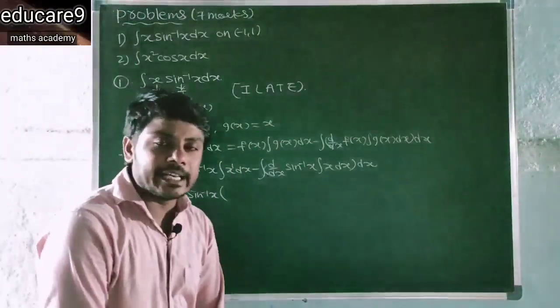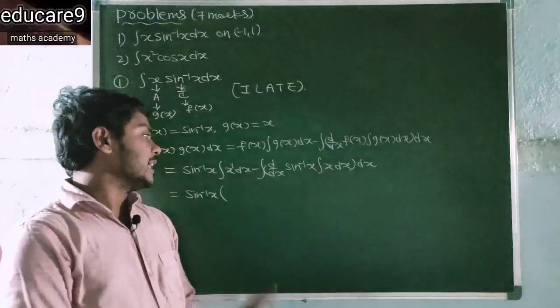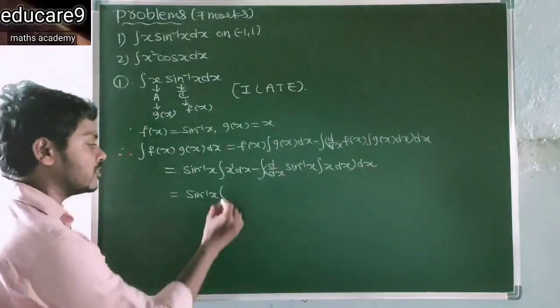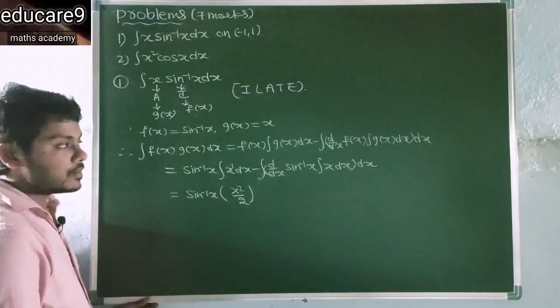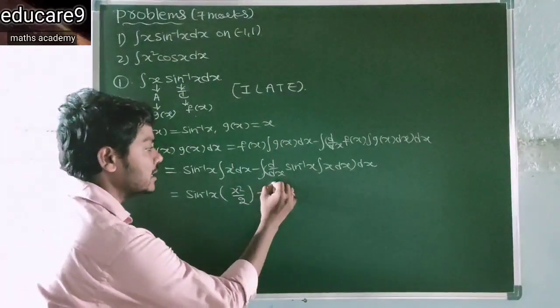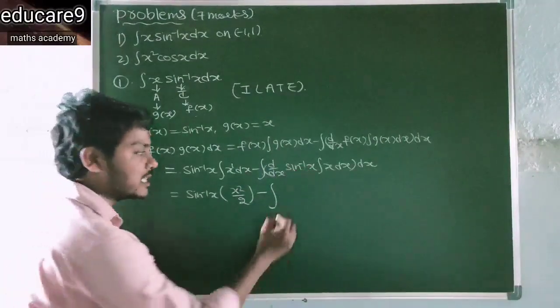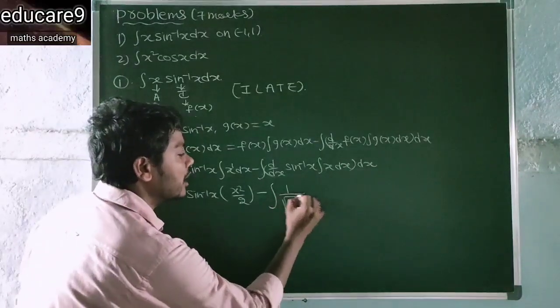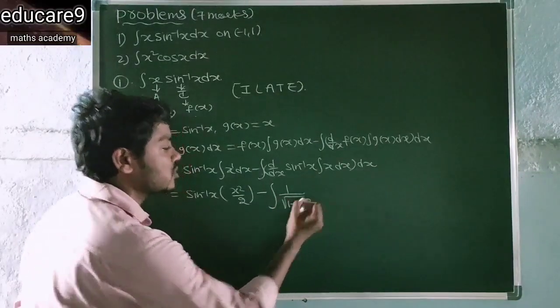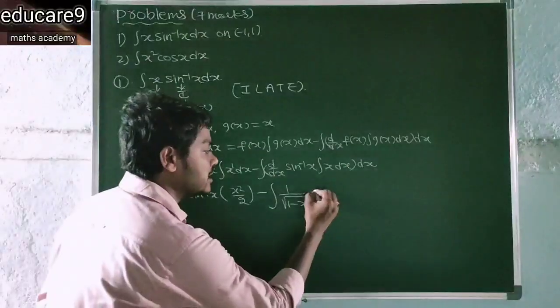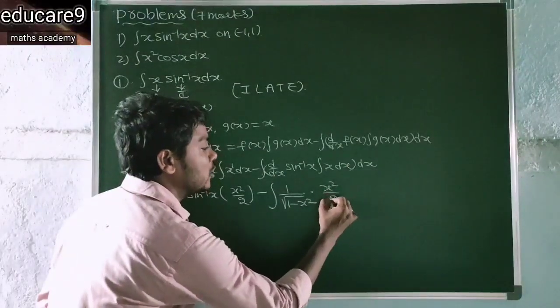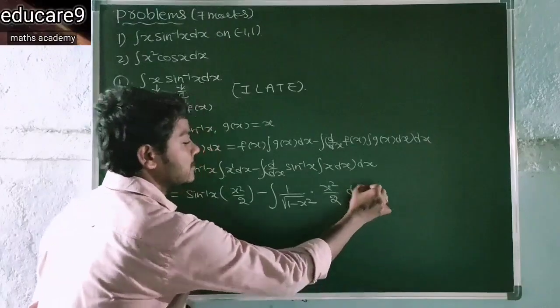So you know that integration of x to the power of n is x to the power of n plus 1 by n plus 1, so that is x square by 2, minus derivative of sin inverse x, that is 1 by under root of 1 minus x square, and integration of x dx, that is x square by 2 dx.